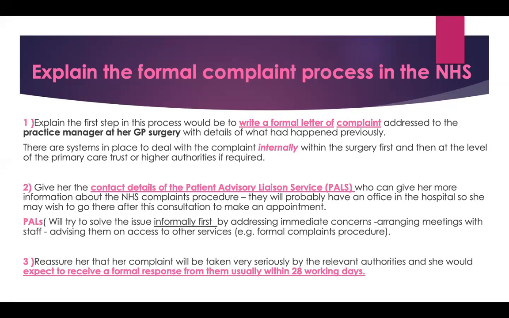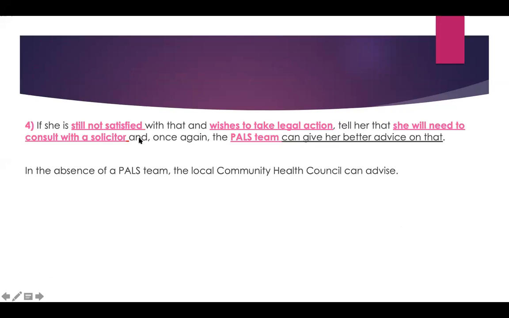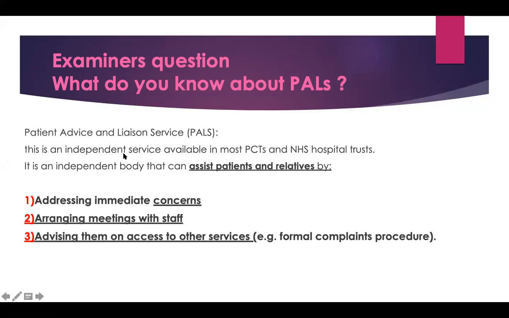Question, some examiners ask, what do you know about the PLS? The Patient Advice and Liaison Service. This is an independent service available in most primary care trusts and NHS hospital trusts. It's an independent body that can assist patients and relatives by, this is their role, this is what they do.